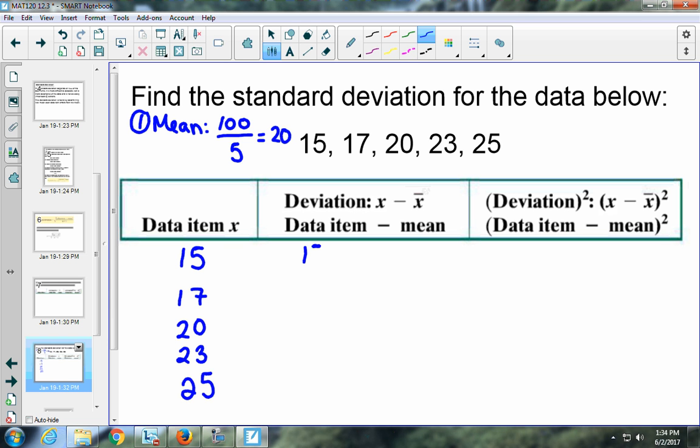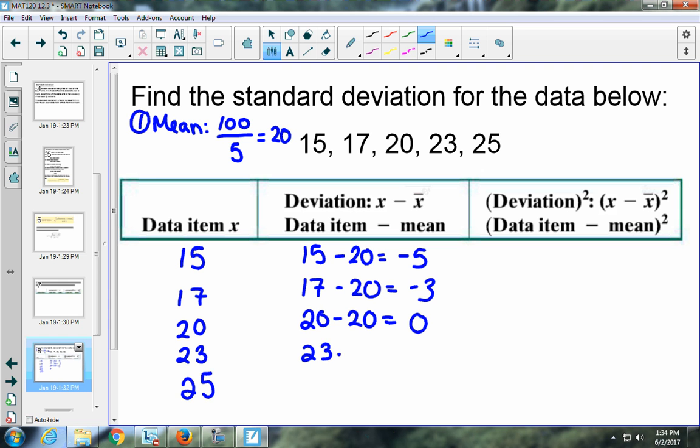So for 15, I will do 15 minus 20, which gives me negative 5. Then I will do 17 minus 20, my next data item, to get negative 3. 20 minus 20 gives me 0. 23 minus 20 gives me 3. And 25 minus 20 gives me 5.